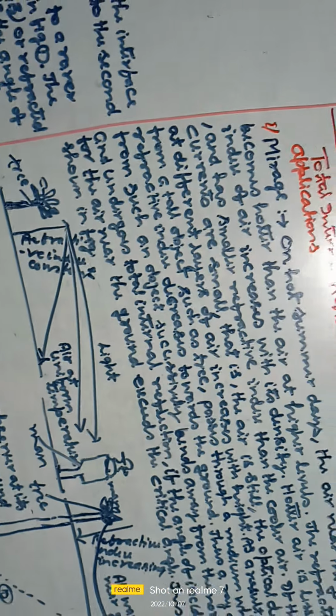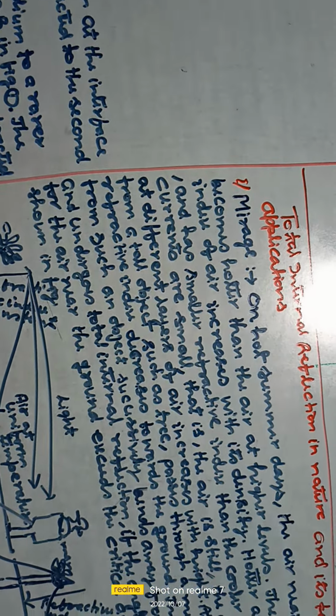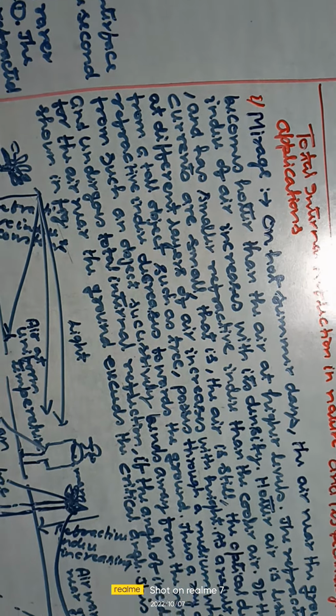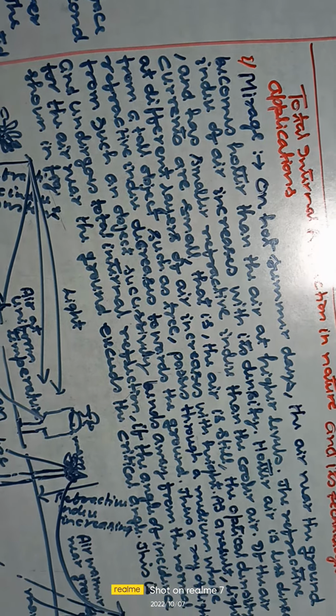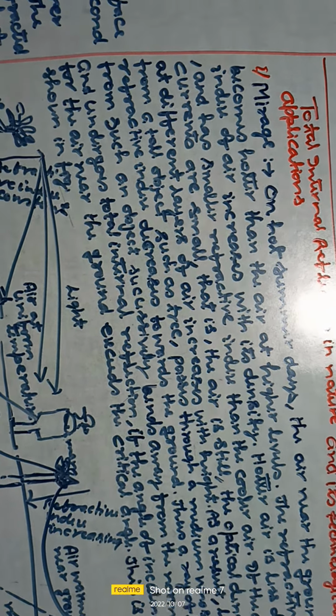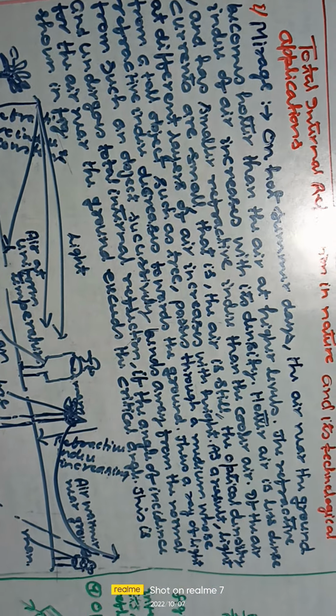On hot summer days, the air near the ground becomes hotter than the air at higher levels. The refractive index of air increases with density. Hotter air is less dense and has a smaller refractive index than the cooler air.